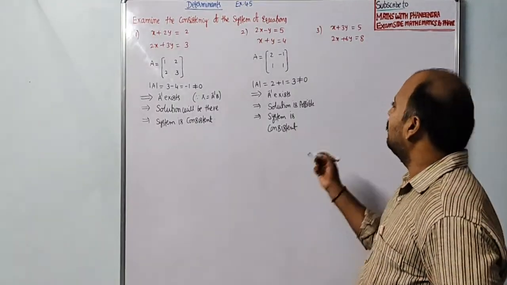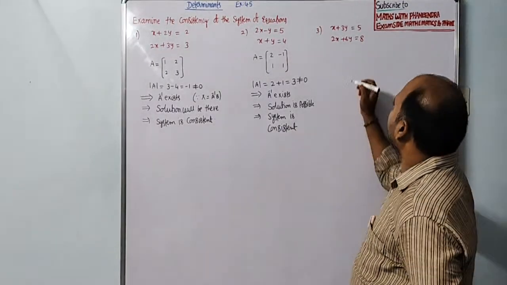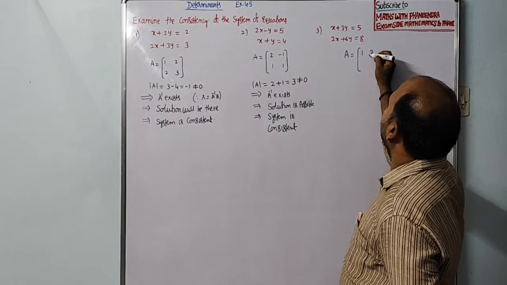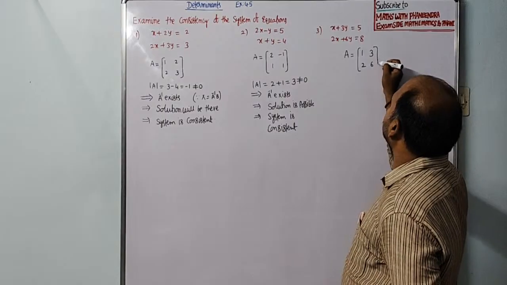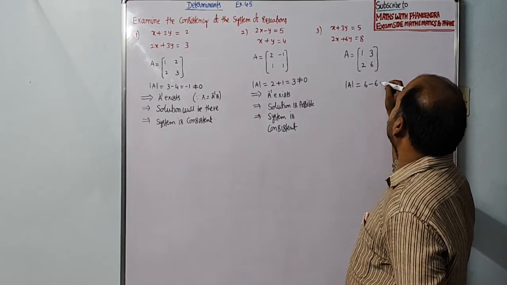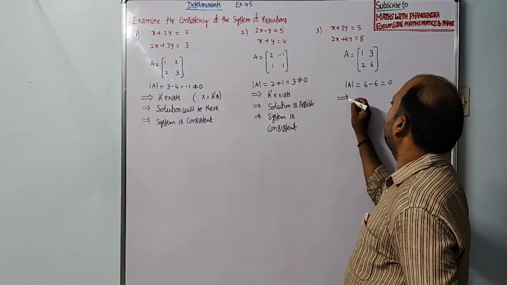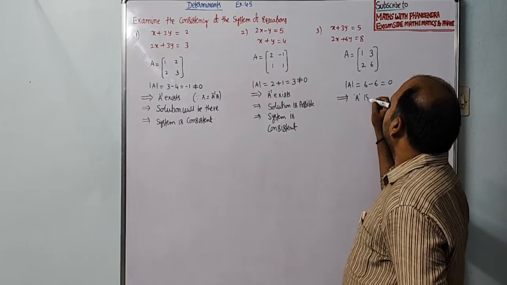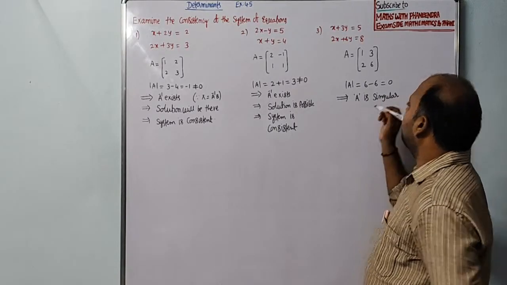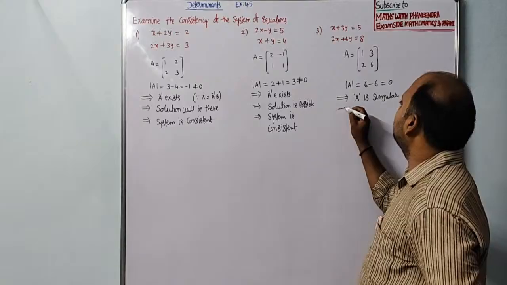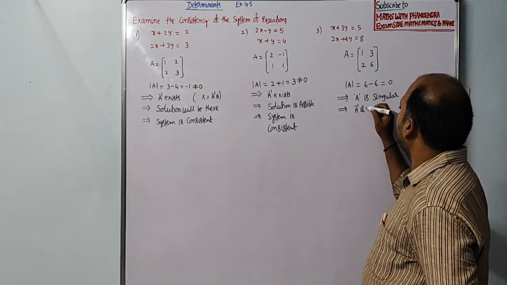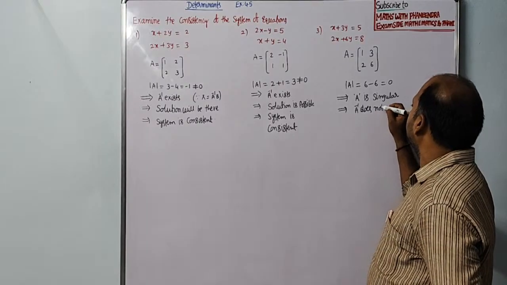Okay, dear students, we'll move to another question. Here also, A is equal to 1, 3, 2, 6. Find the determinant: 6 minus 6 equals 0. That implies A is a singular matrix. Whenever the matrix is singular, the inverse does not exist.